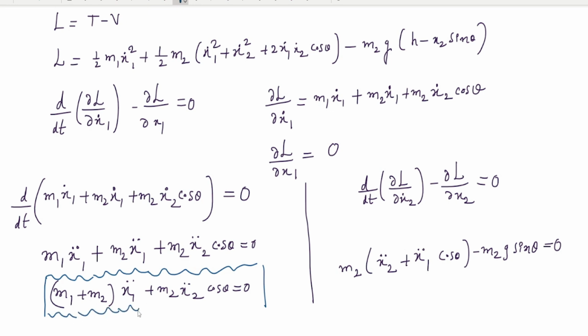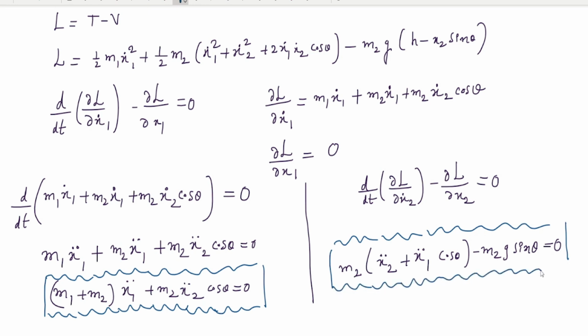So as we said initially, if you want to do this type of calculation, we first need to know how many coordinates are needed to describe the system. One is moving horizontally, another one is moving vertically on the smooth inclined plane. Therefore we need generalized coordinates, those are x1 and x2.